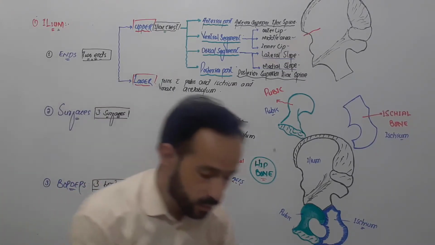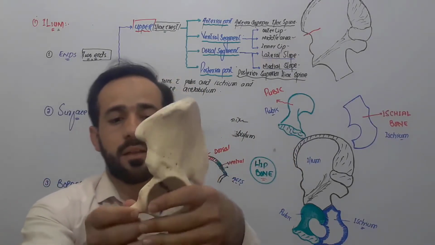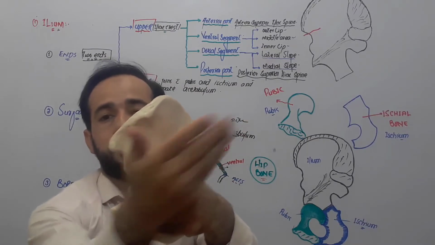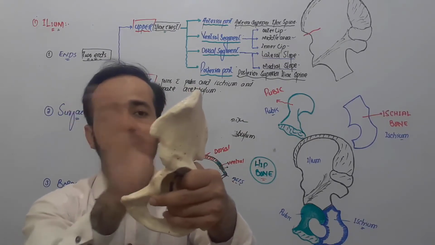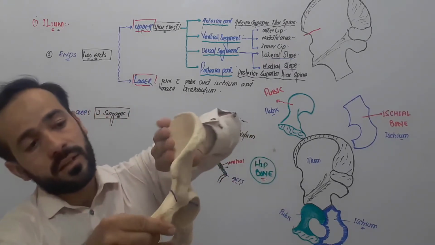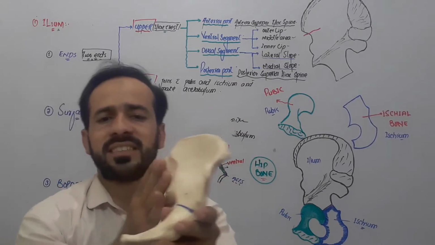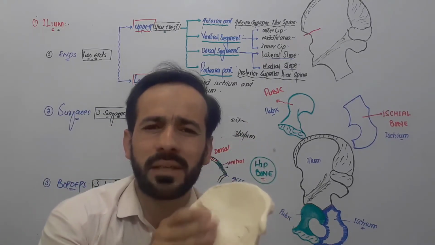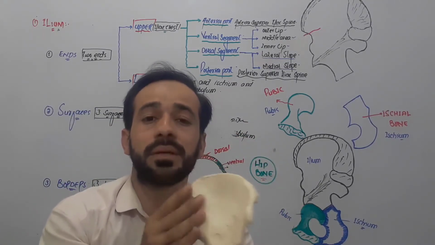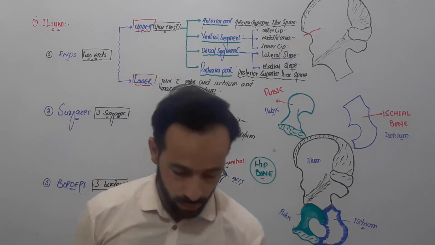So this is the sacroiliac surface. You can see it in the camera. This is the gluteal surface, the outer surface. This is the medial surface or the iliac surface, and this is the sacroiliac surface, right? The sacroiliac surface has a little bit of roughness in it, right? I will show them while I discuss the bone there.